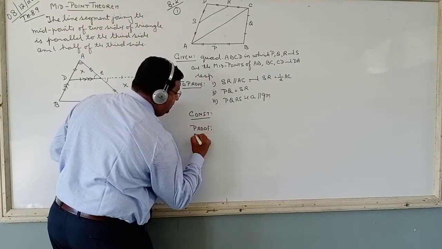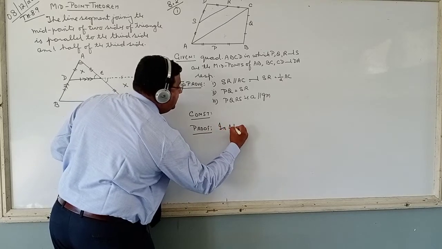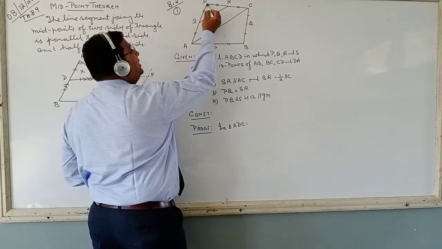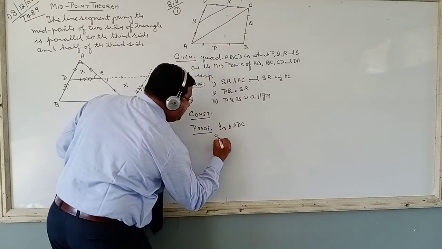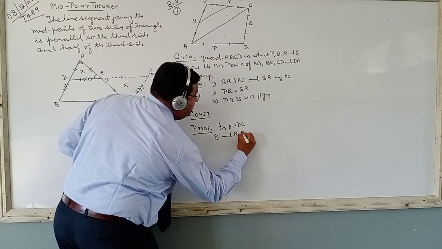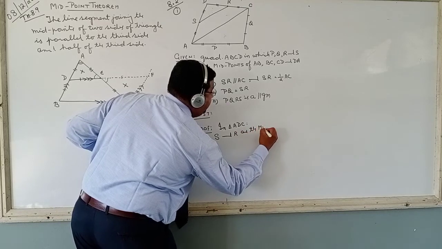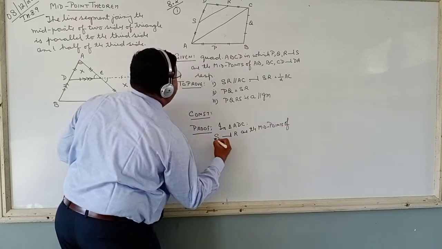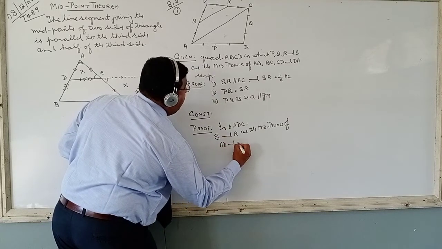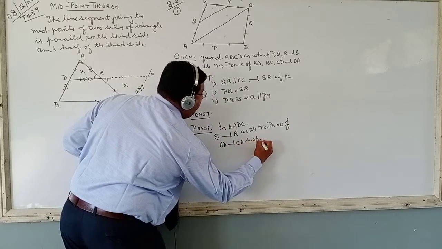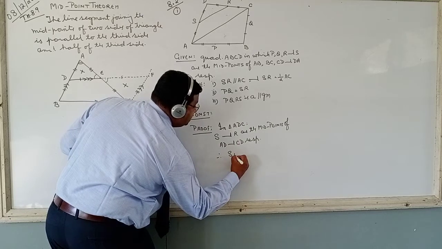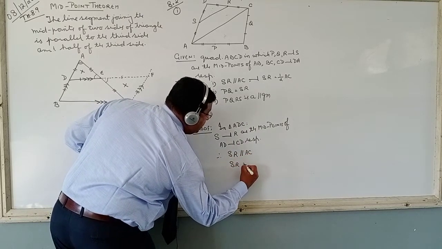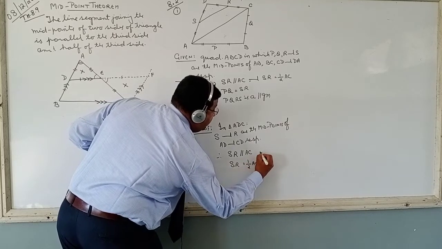Proof. In triangle ADC, S and R are the midpoints of AD and CD respectively. So therefore SR is parallel to AC and SR is equal to half of AC.